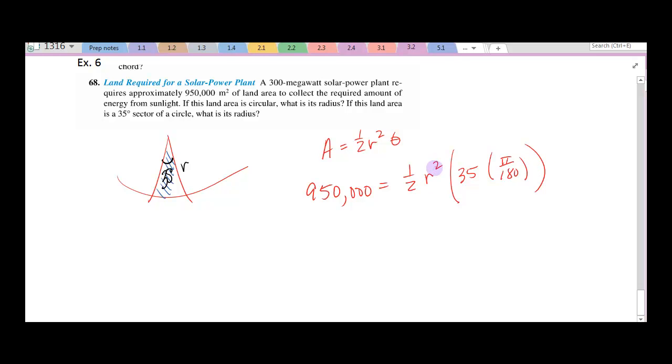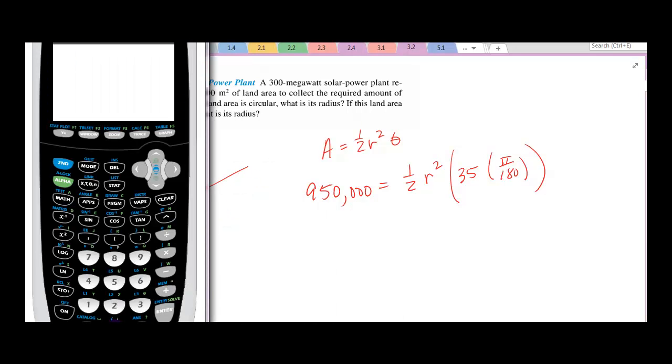Since I want to solve for the radius squared here, I'm going to multiply 1/2 times this whole thing in my calculator and see what I get to simplify the right hand side a little bit. So I have 0.5 times 35 times pi divided by 180.